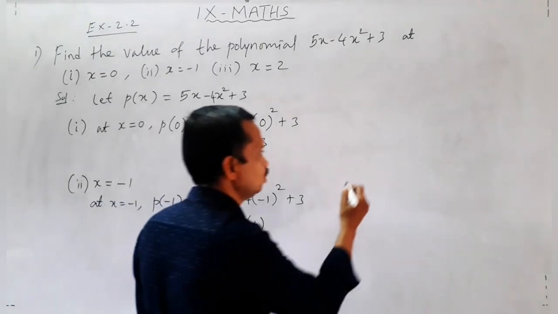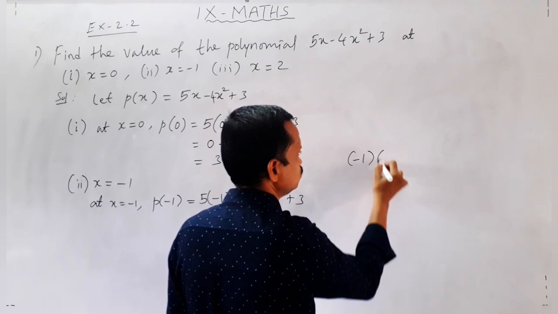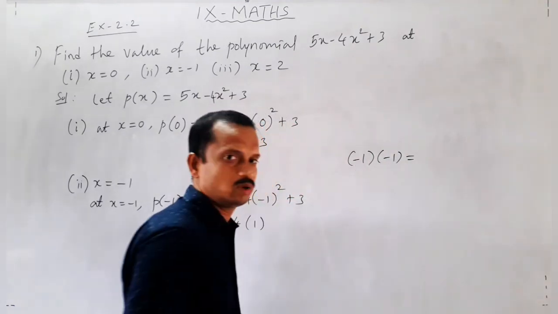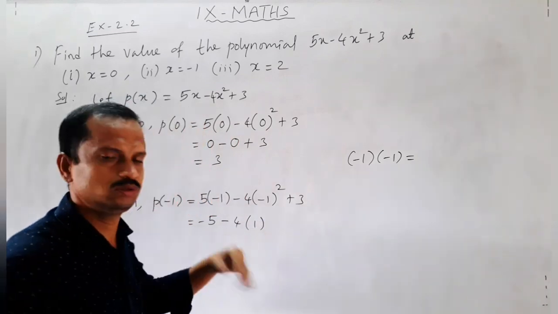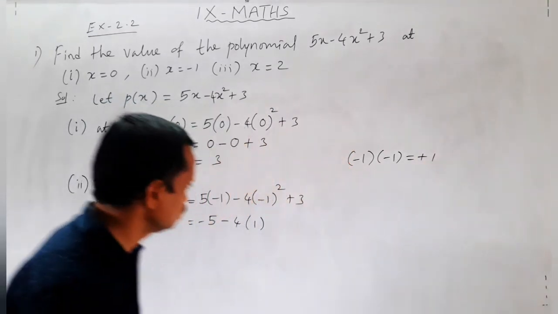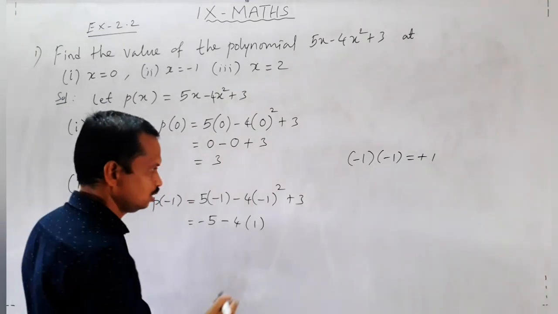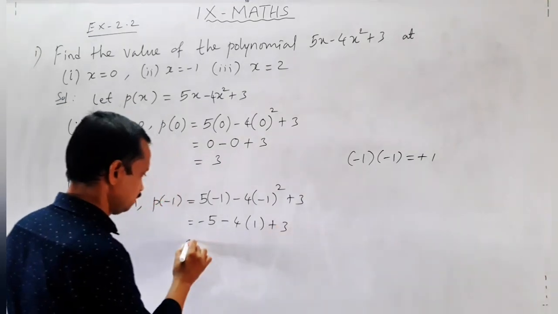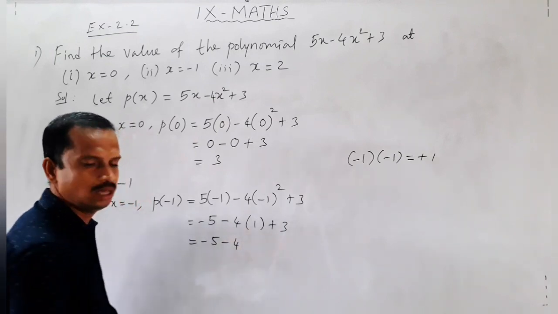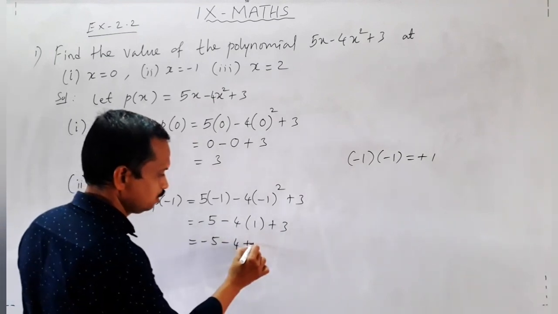If you have any doubt, just put it like this in the rough column. Minus 1 into minus 1: minus into minus is plus, 1 into 1 is 1. So we put 1 here, and then plus 3. Minus 5, minus 4 into 1, minus 4, and then plus 3.